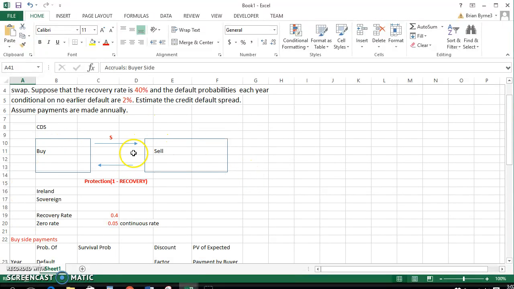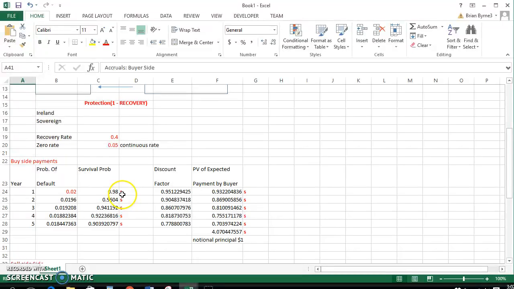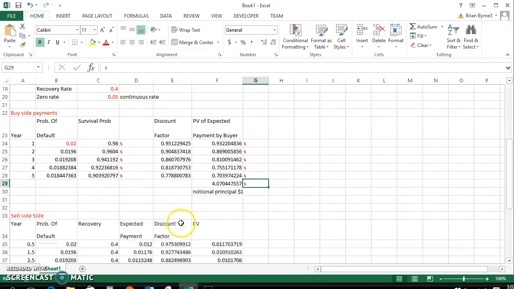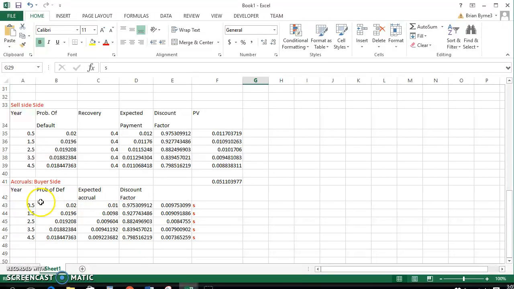So if you like, the buyer pays S, and so in theory, on the buy side, we're paying 4.07 S when we adjust for probability of default and survivorship and discounting. But in addition, in the event of a default, the buyer must pay half a year's S. The probability of default in year 1 would be 0.02.